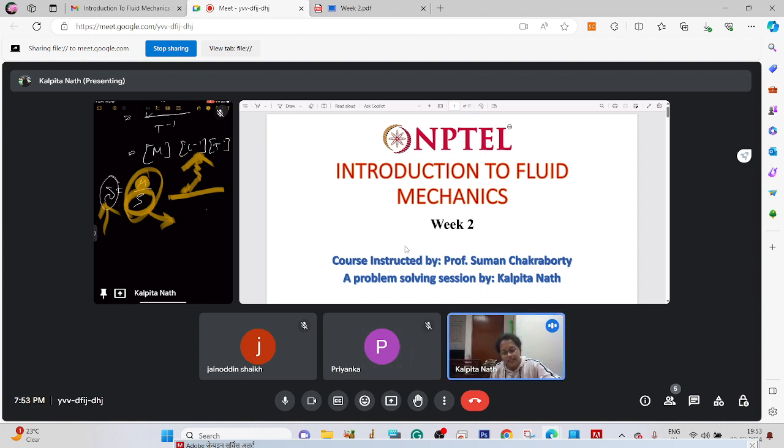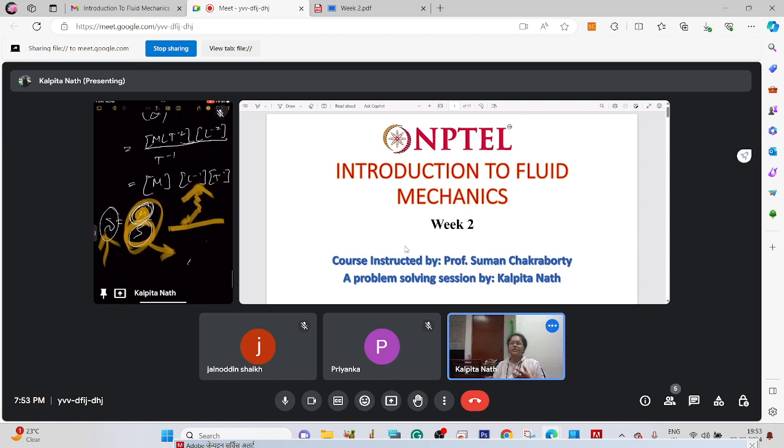Kinematic viscosity is mu upon rho, so it is directly proportional to mu. If the viscosity of the fluid is more, you can take it as a messenger, so its strength is more. So it will diffuse the information or the momentum to a larger distance, so the boundary layer thickness will be larger.